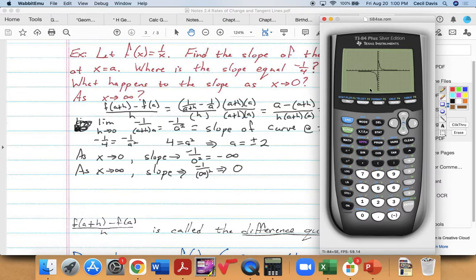All right, so our tangent line, as we get close to 0, yeah, it's going to be infinite, right? And whether the slope is positive infinity or negative infinity doesn't really matter a whole lot on this because it is a vertical tangent line. As x gets really big, we can see that any tangent line would have to be nearly horizontal.